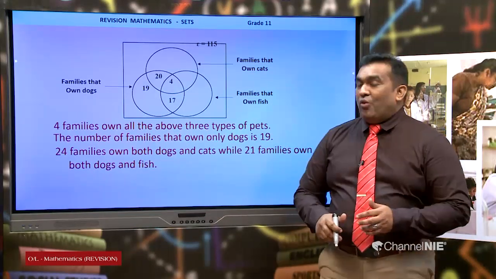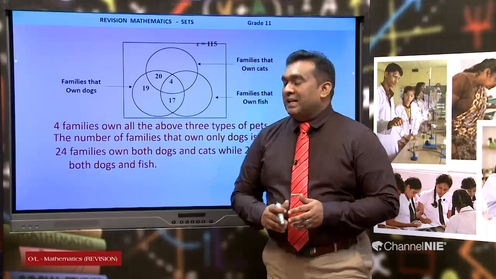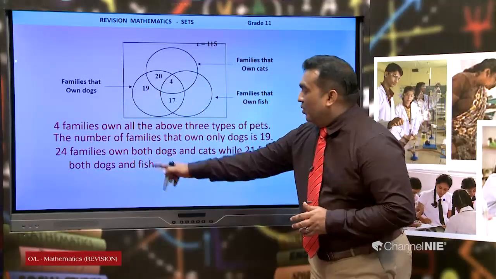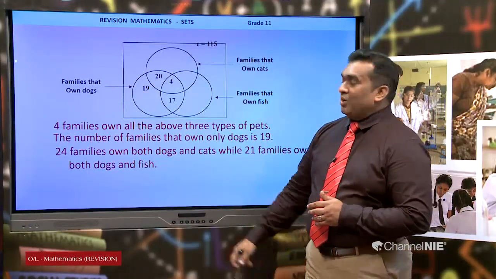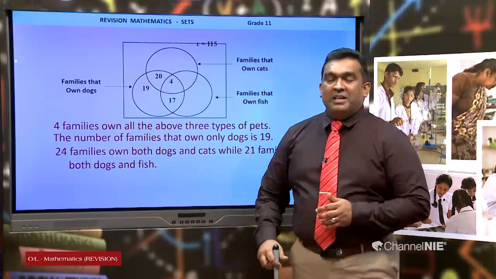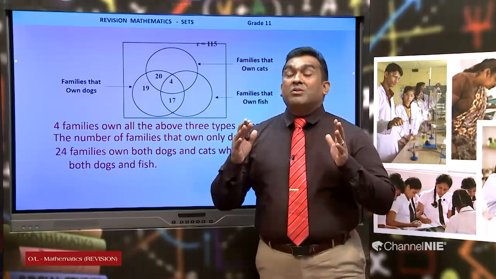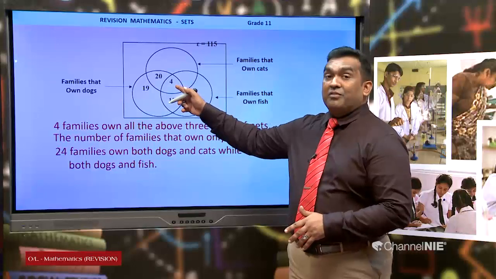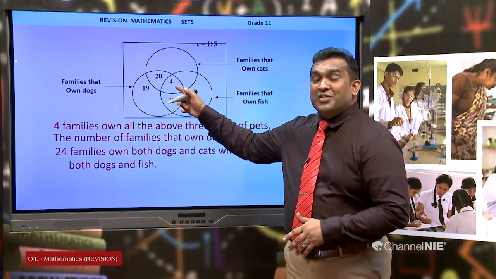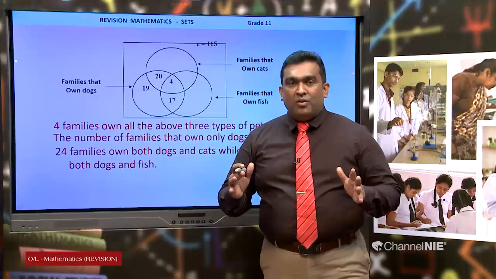21 families own both, what? Dogs and fish. 21, 4 plus 17. Already we have taken the number of elements of this region, that is 4.